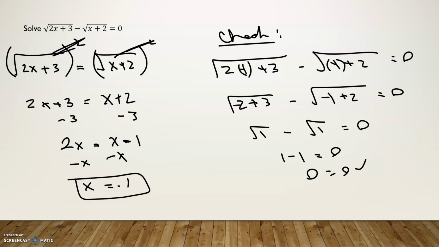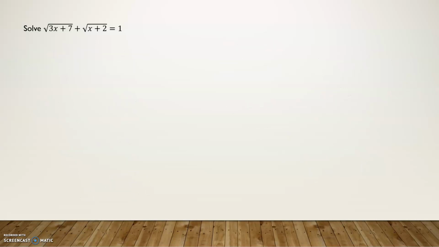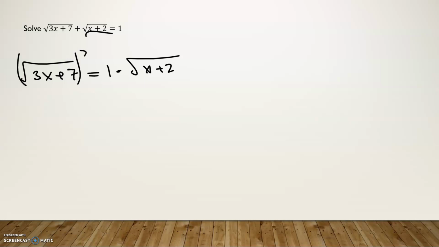Now let's go back to this one. Again, I need to move a radical over because I have 2 of them on one side. So I'm just going to choose this one and move that one over. So 3x plus 7 is equal to 1 minus the square root of x plus 2. Now I'm going to square both sides.